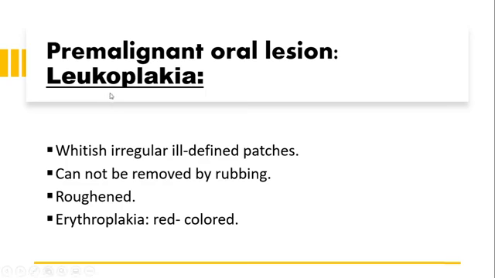Leukoplakia can be benign, malignant, or premalignant. They can present as whitish, irregular, thickened, roughened plaques within the oral cavity, below the tongue, sublingual, or in the buccal mucosa, or in the lining mucosa of the lips, or behind the molar teeth, the hard palate, and so on.